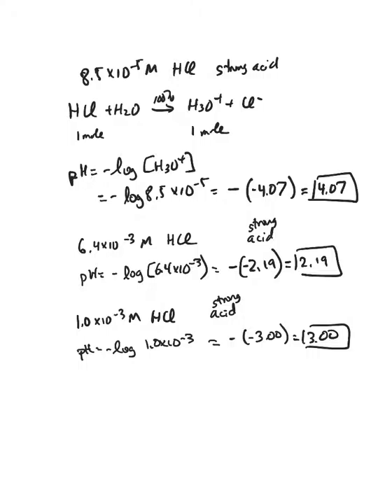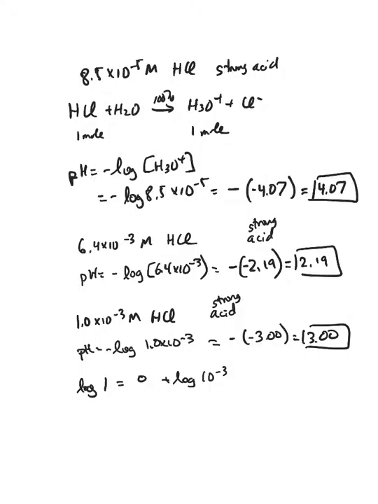The other way of doing this is if you recognize the log of 1 is equal to 0. And so when you're doing multiplication and doing logs together, you add the logs. So we're going to add the log of 1 plus the log of 10 to the minus 3.